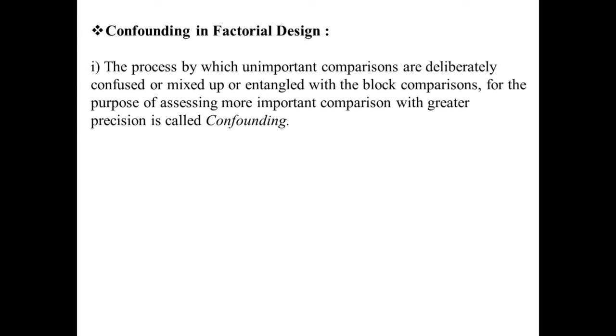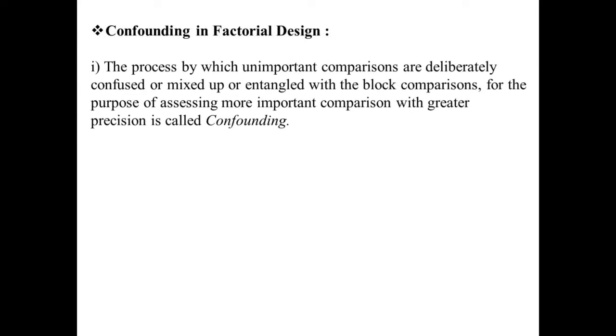So in confounding we consider one experiment, and if we consider a 2 raised to n factorial experiment, we get a number of experimental units for that experiment. According to that we divide our replicates into 2 or more blocks of the same size. So this is confounding. What is the definition of confounding?